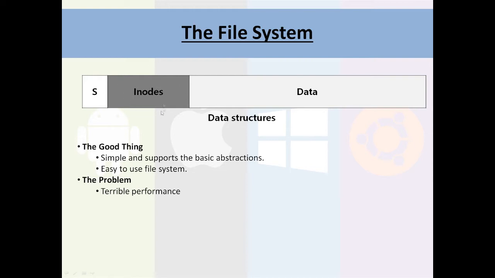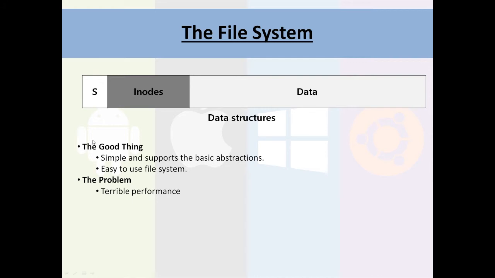Now, the inode region of the disk contained all the inodes for the file system, and these were our unique identifiers for individual files, which contained pointers to where the data of that file was. And these pointers pointed to the largest component of our file system, the data blocks, where the actual data was.